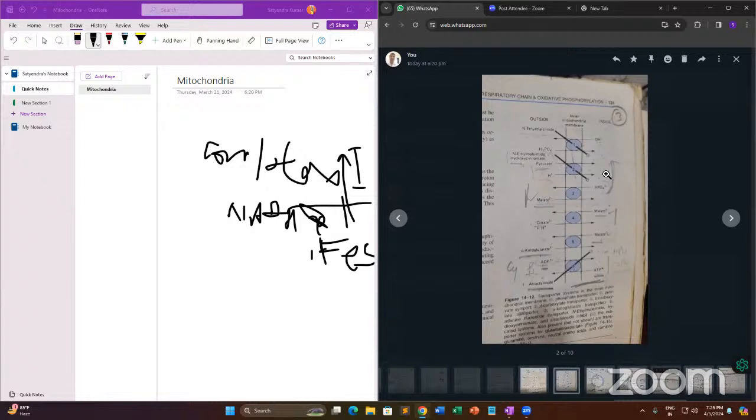That's why more than 95-97% of the energy is produced in mitochondria through oxidative processes, because they have a respiratory chain that is coupled with oxidative phosphorylation. If this inhibitor is applied, then the major production of ATP is inhibited.